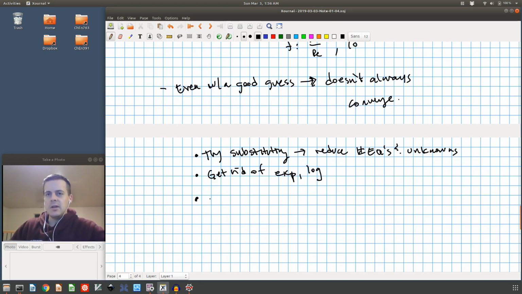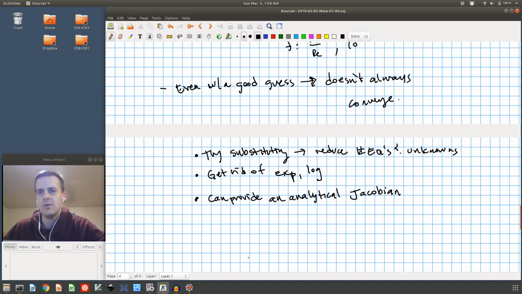The last thing, and this is why I wanted to put this in this lecture, is that you can provide an analytical Jacobian. It turns out that root in the solver is doing a numerical estimate of a Jacobian.